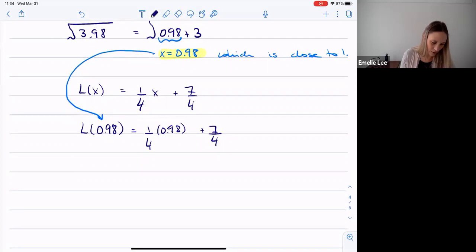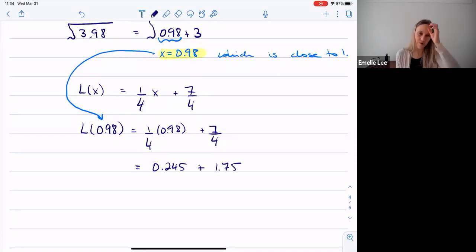So 0.98 divided by 4 is going to be equal to 0.245 plus 1.75. 7 over 4 is 1.75.